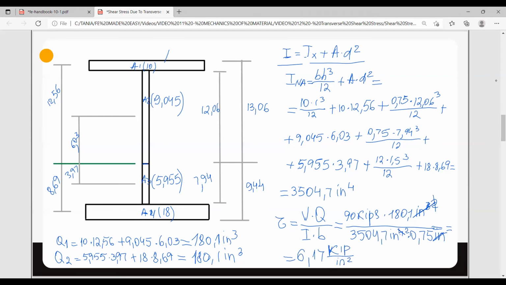An important thing to note is that for an I shape, the flanges actually take very little shear stress. So we can calculate an approximate shear stress by considering only the web. Let's see what we get if we do that.